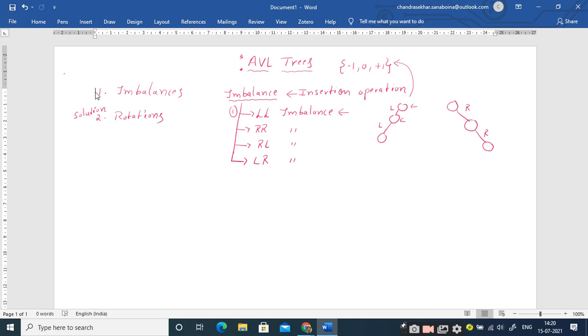The naming of the imbalance will be done in this fashion. So if I insert a node as the left child of a left child, then we call it LL imbalance, and if I insert a node as the right child of another node, and there is a balance factor that is not falling within this range, we say that it falls in the category of RR imbalance.